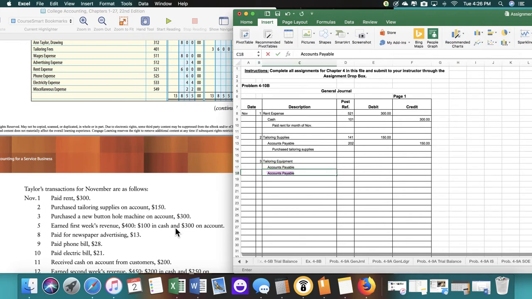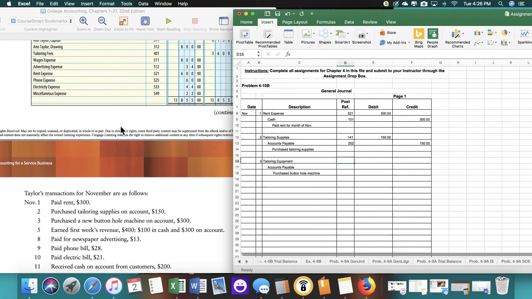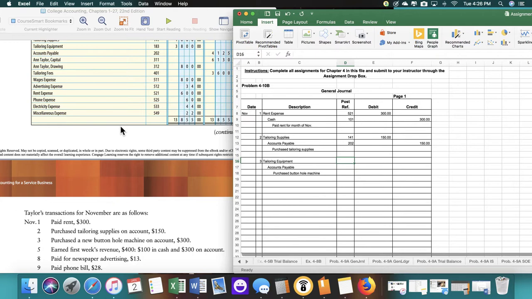If you want to do the description, tailoring equipment is 183 and then 202, and it is $300.